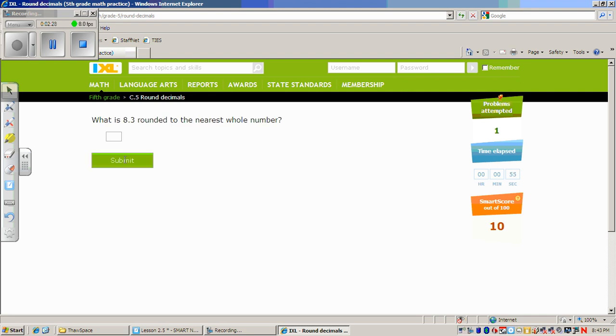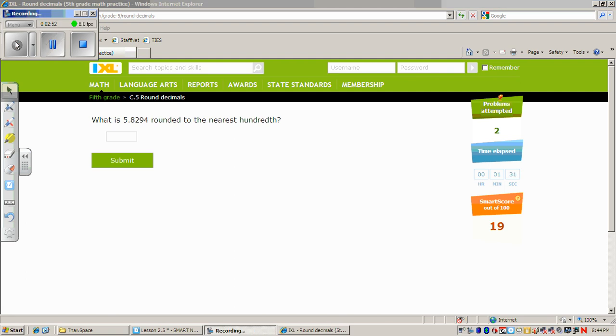What is 8.3 rounded to the nearest whole number? Well, we have a 3. Is that 5 or higher? It's not. So I hope you're thinking to yourself, it should be 8. Awesome. All right, what is 5.8294 rounded to the nearest hundredth? To the nearest hundredth again.